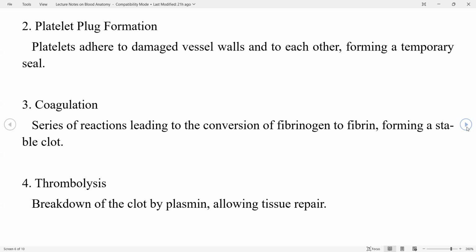Thrombolysis is now the breakdown of the clot by plasmin, allowing for tissue repair. Once the clot has been formed, it has to also be broken down by plasmin to allow for tissue repair. And this process by which it breaks down is thrombolysis.